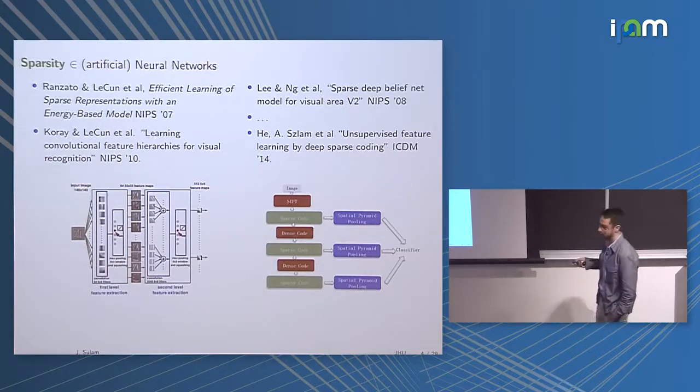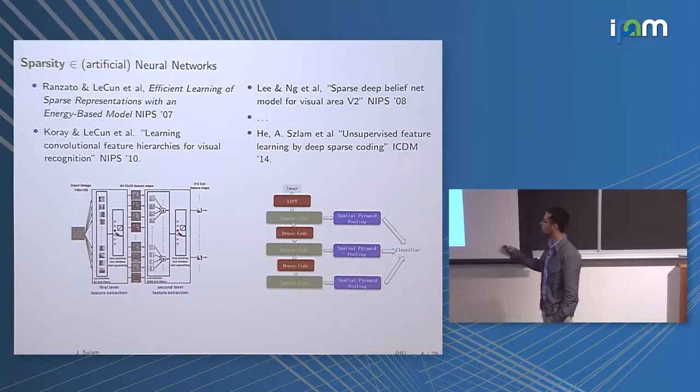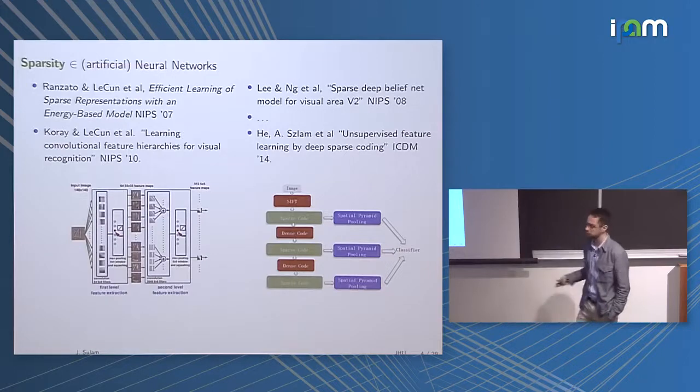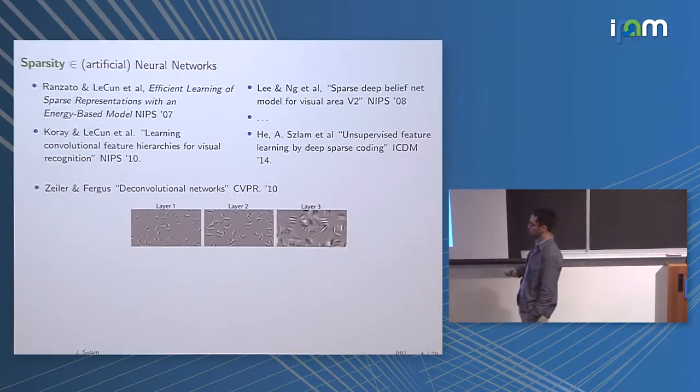And again, this led to a very rich variety of works dealing mainly with empirical results for supervised learning. And then this idea was taken further by the work on convolutional networks by Fergus and Zeiler.